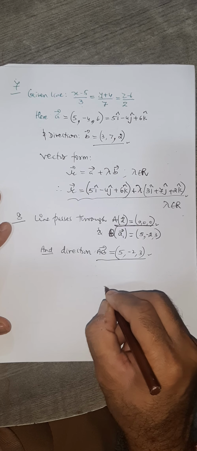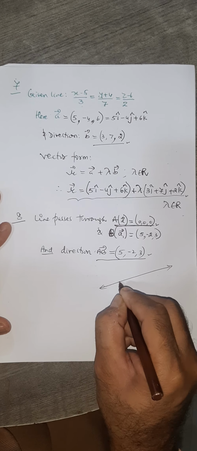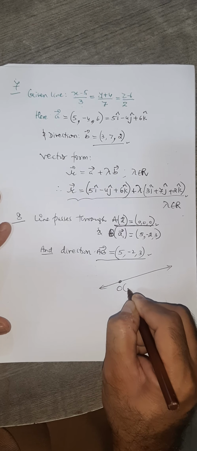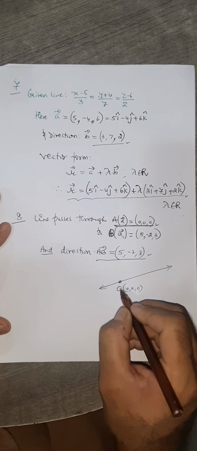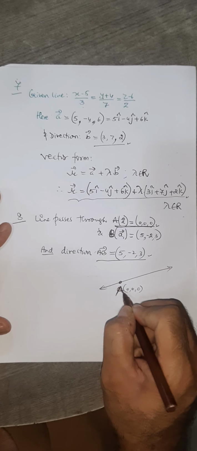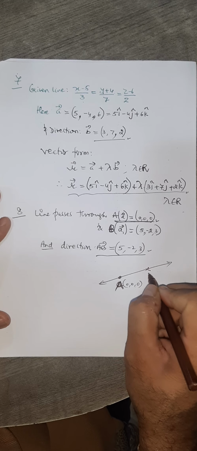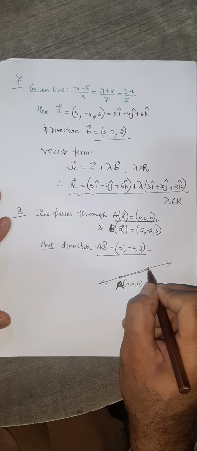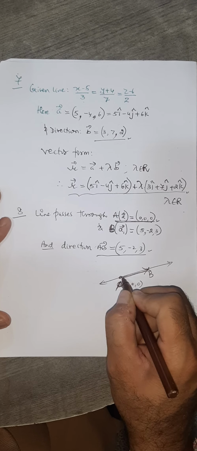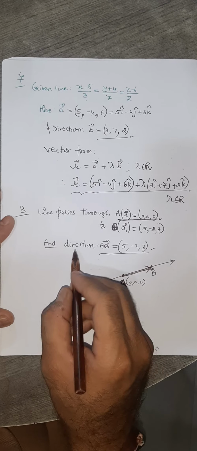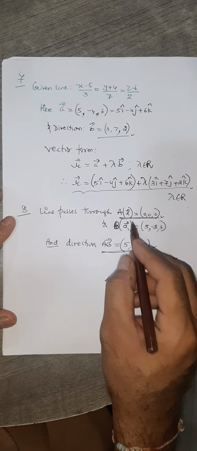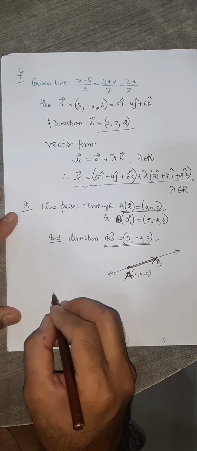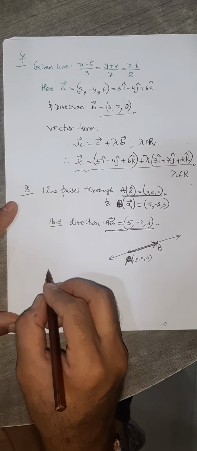It's like this. If you remember theory, one fixed point is the origin, that's 0 0 0, which I've called a. The other fixed point is b here. So this is the direction of the line, vector AB, remember. This represents the direction. So now you have the direction and your fixed point, so you can write both the forms as we did earlier.